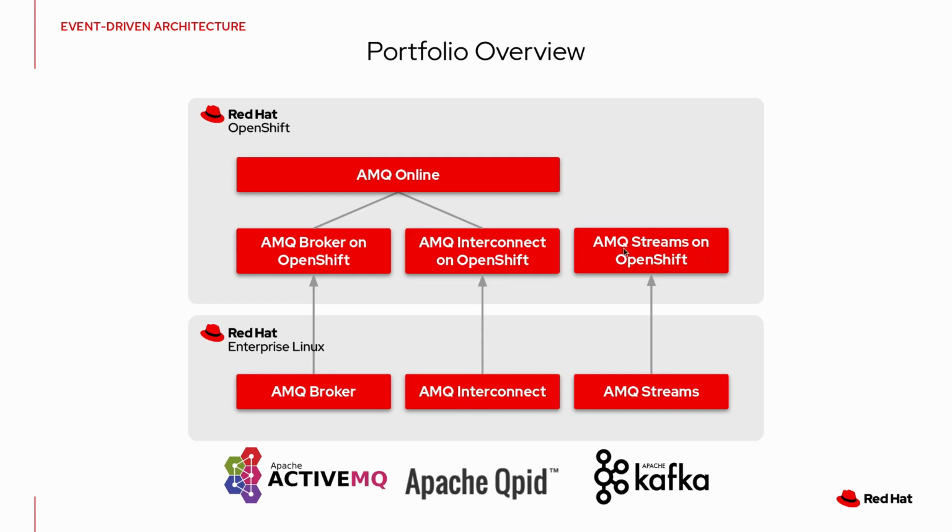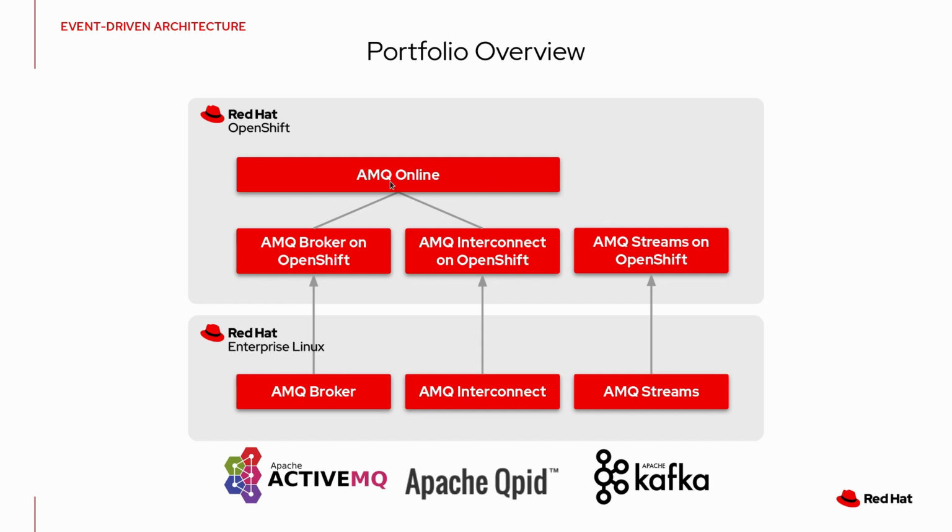And the third solution is AMQ streams. AMQ streams is an event streaming solution based on Apache Kafka, which you can use to stream events and to consume those events in an asynchronous manner.